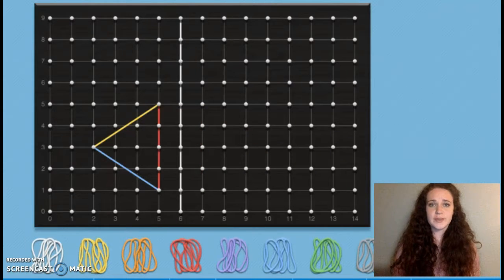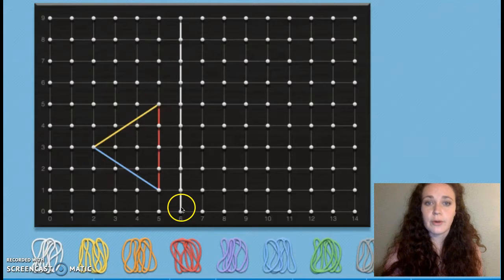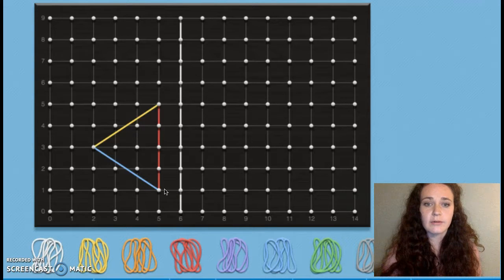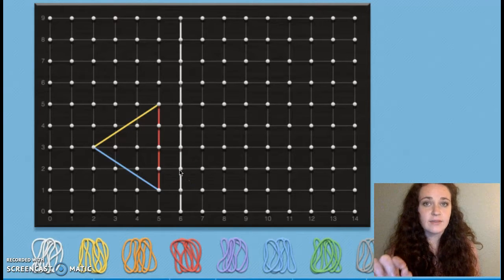So now I'm going to show you exactly how these two figures are congruent and how to graph it yourself. So let's say this is 0, 0, meaning this is the x-axis and this is the y-axis. In order to find the point of reflection, since we are reflecting over the x-axis, we are going to be multiplying the y value by -1.